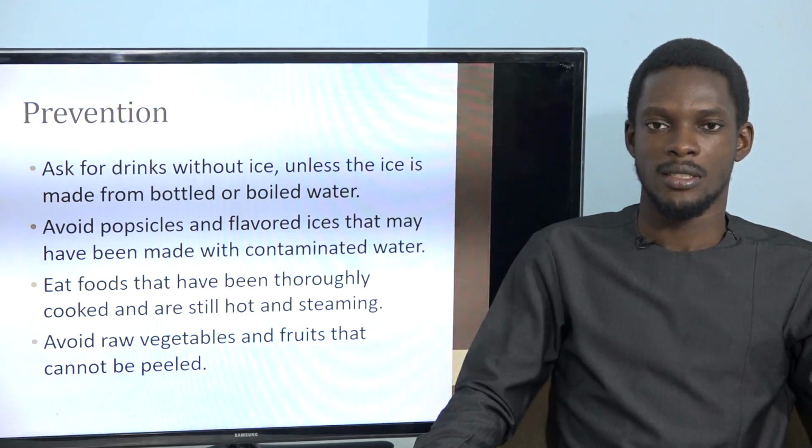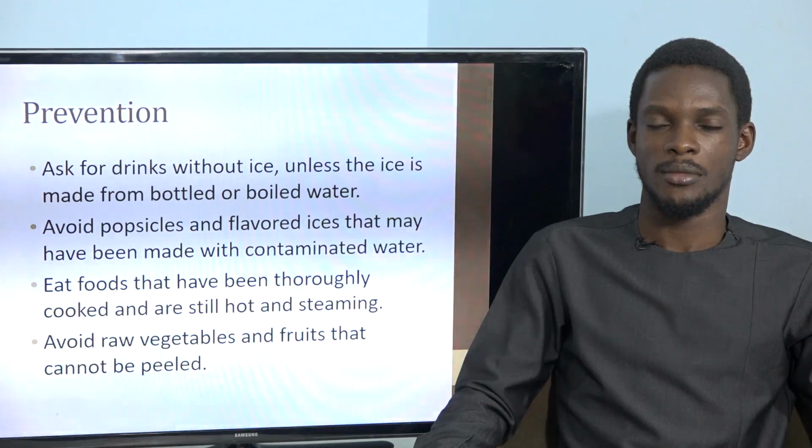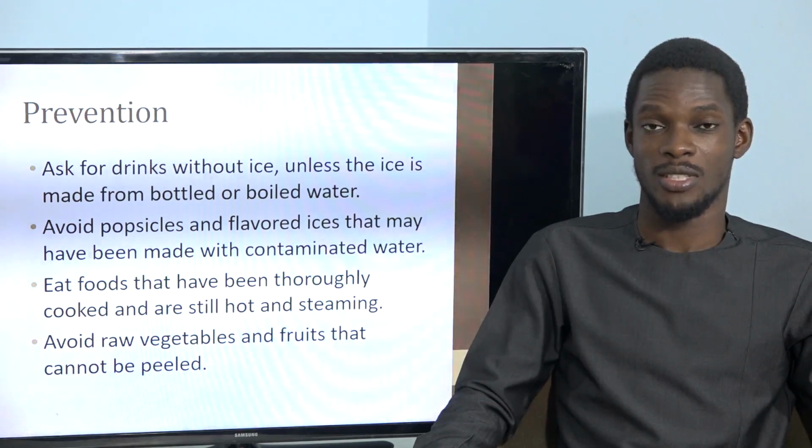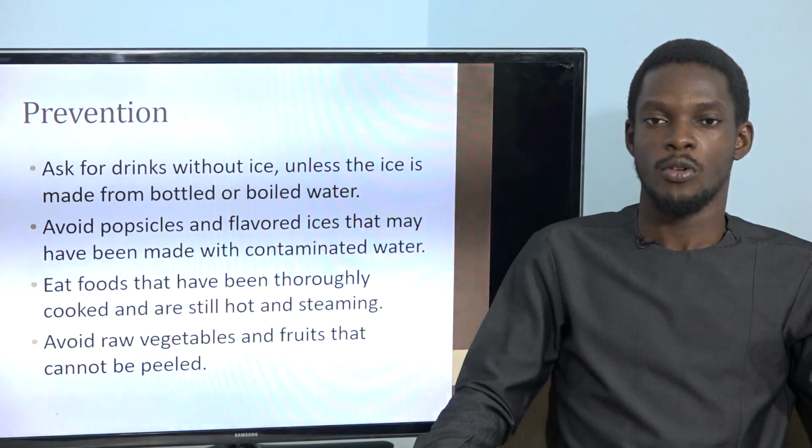Avoid popsicles and flavored ice that may have been made with contaminated water. Eat foods that have only been thoroughly cooked and are still hot and steaming. Avoid raw vegetables and fruits that cannot be peeled.